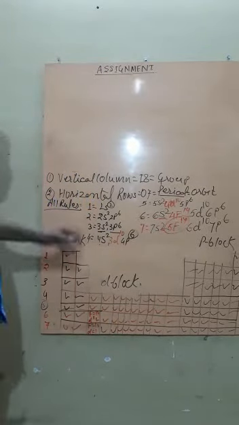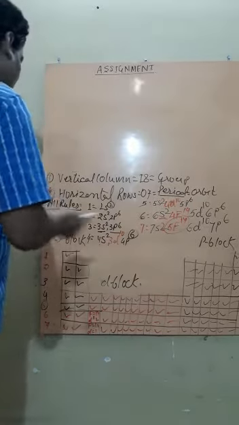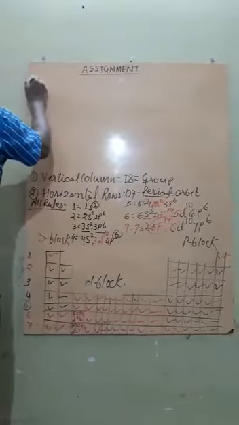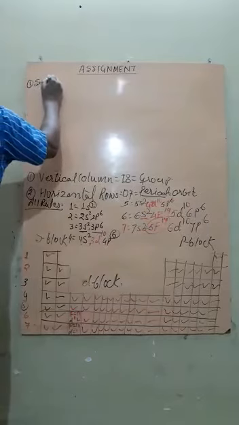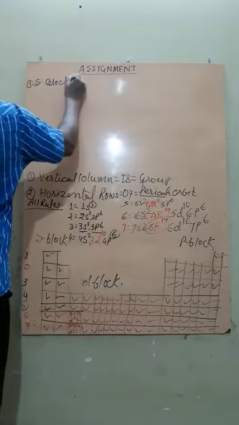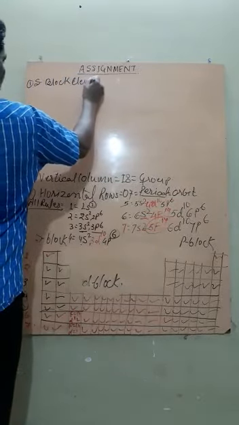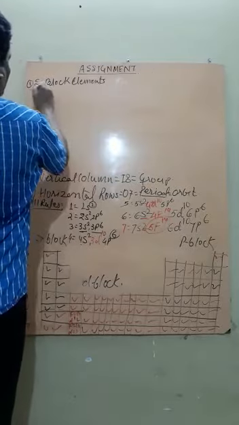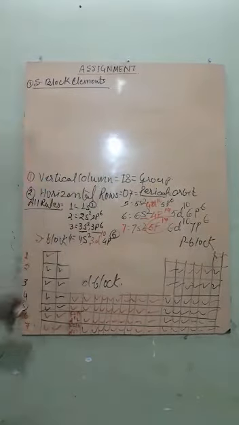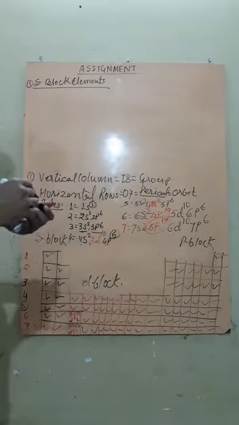Now, on the basis of classification, I am starting first with the S block elements. You have to complete the modern periodic table in a very good way and draw it in your notebook.